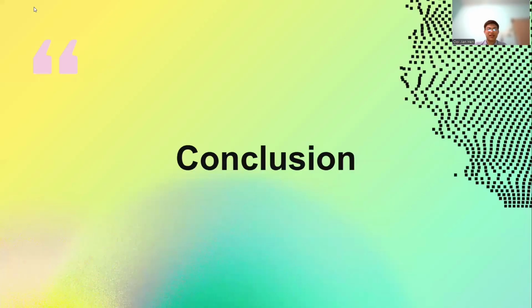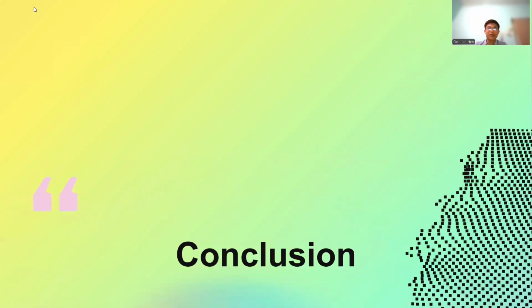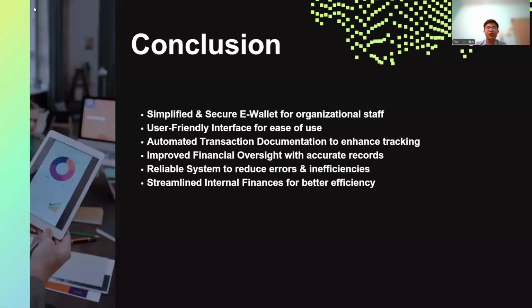And then lastly is the conclusion part. The e-wallet is very simple and secure for the staff inside the organization. It has a very user-friendly interface, so users can view it once and know how to use it already.